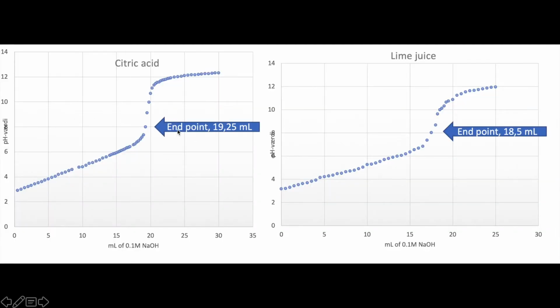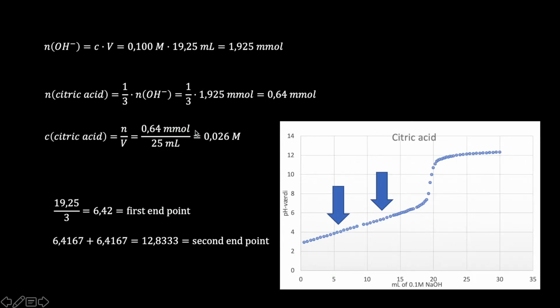The endpoint was at 19.25, and therefore we have the other endpoints at 6.4 and 12.8. So that's around here. And we need those different endpoints because those are the invisible endpoints that are there. We just can't see them because the solution is still an acid.